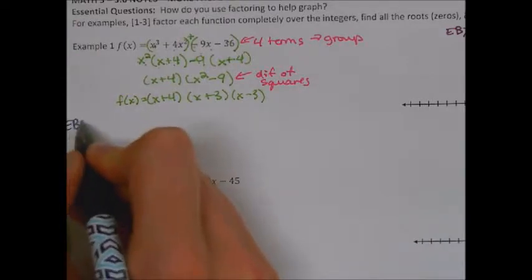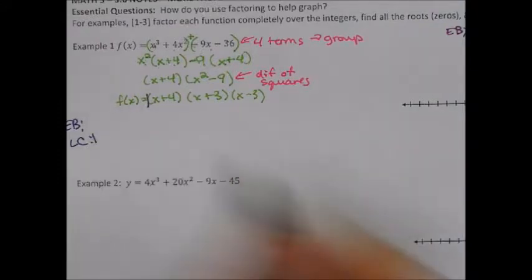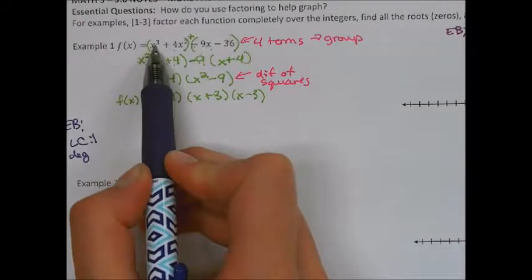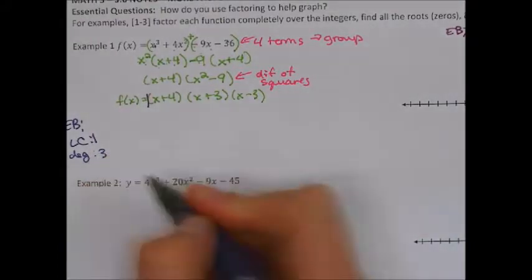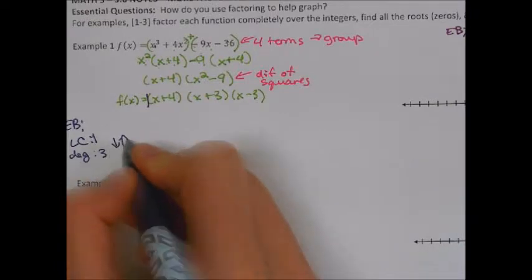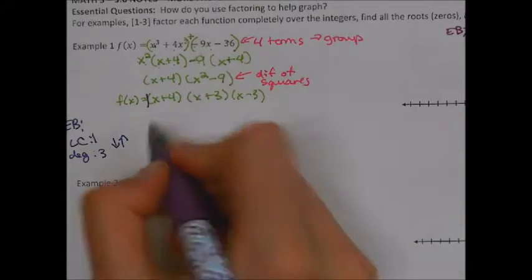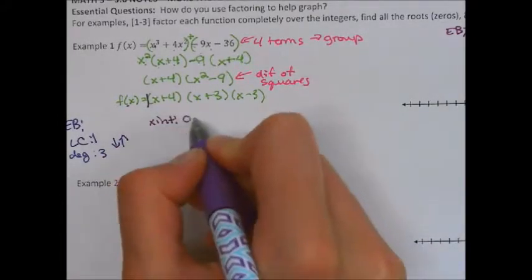The end behavior: our leading coefficient is a 1. Our degree is, if we look at our original, it's 3. Or if you look here, we have 1, 1, 1. This means we're down, up. For our x-intercept, we make y equal to 0.